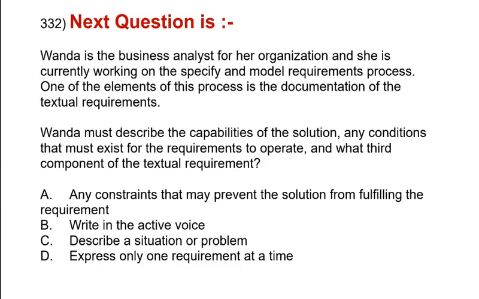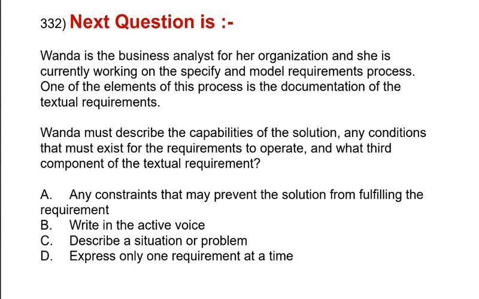Question is Vanada is the business analyst for her organization and she is currently working on the specify and model requirements process. One of the elements of this process is the documentation of the textual requirements. Vanada must describe the capabilities of the solution, any conditions that must exist for the requirements to operate, and what third component of the textual requirements.